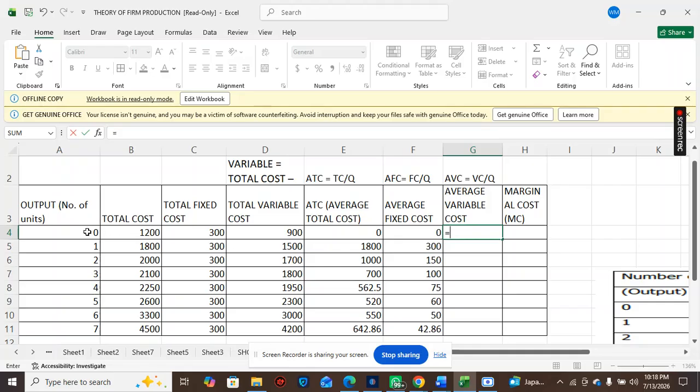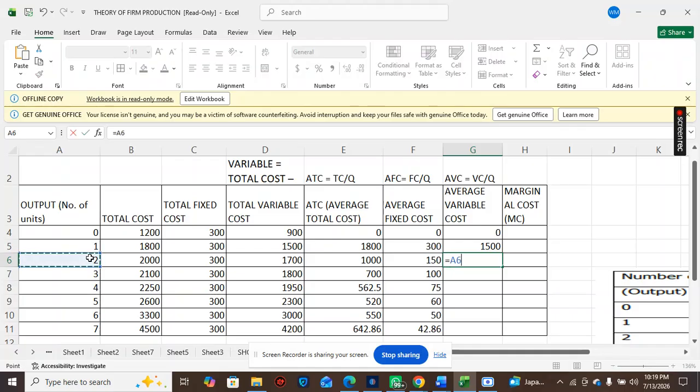So when we produce 0 units, our total variable cost is 900. Our average variable cost, 900 divided by 0, 0. When we produce 1 unit, our total variable cost is 1,500. So 1,500 divided by 1, you get 1,500.